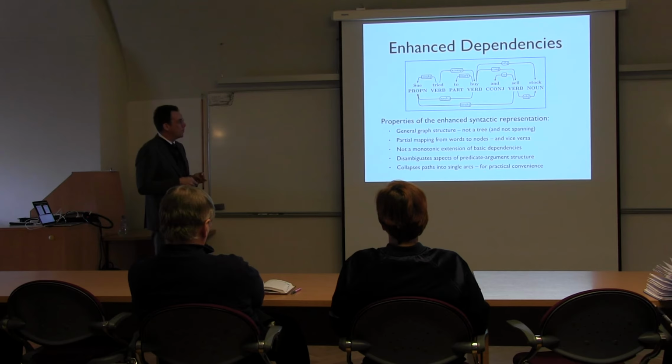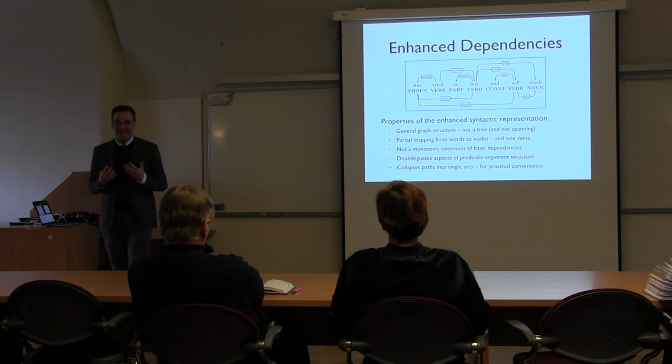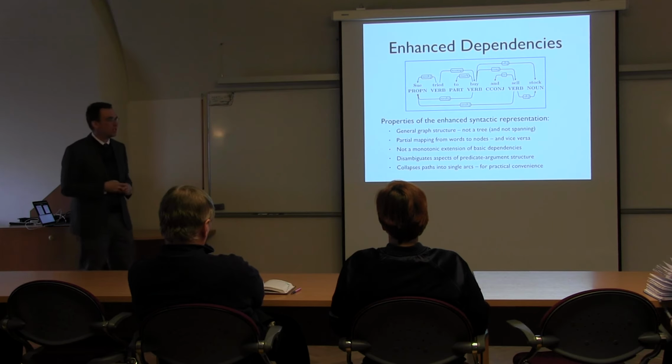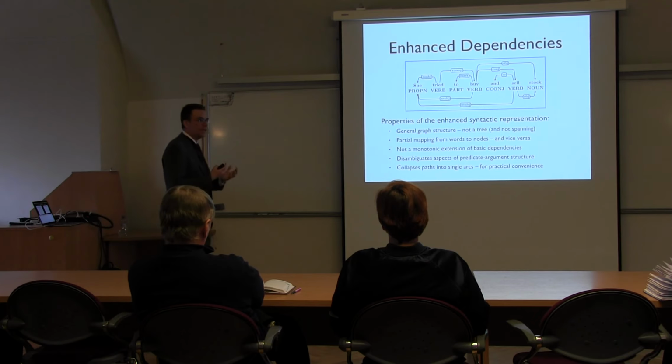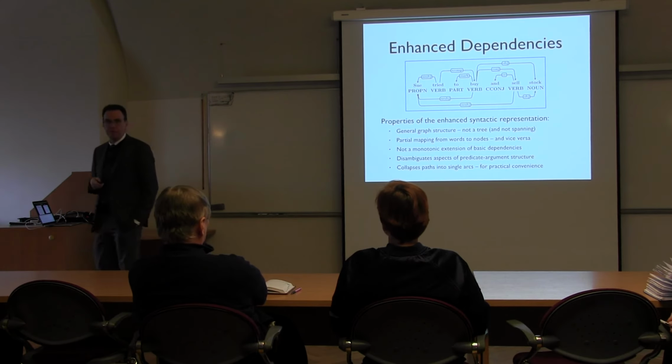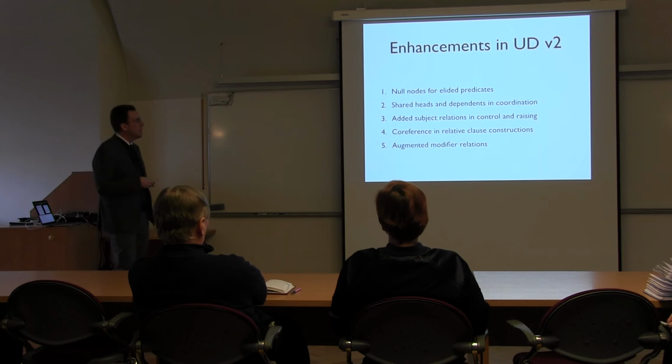Now, there are also some other cases, as we will see in the enhanced dependencies, where we're not really adding any information, we're just making the information more conveniently available for NLP applications, in particular by collapsing paths into single arcs for practical convenience. So I'll come back to that.